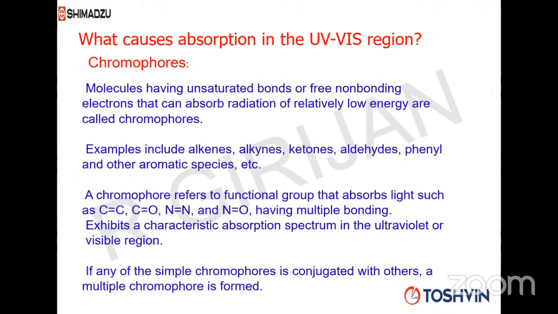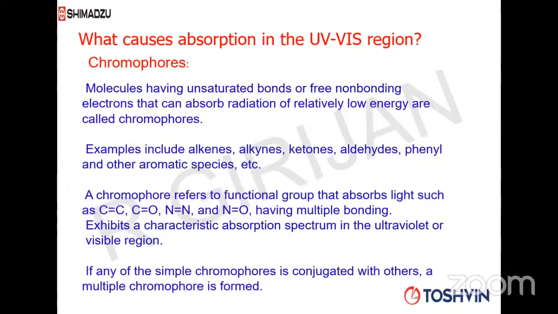The basic requirement for a sample to absorb UV radiation is that the molecule has to contain at least one chromophore. If a chromophore is not there, then absorption will not take place. And what is a chromophore? Molecules having unsaturated bonds or free non-bonding electrons that can absorb radiation of relatively low energy are called chromophores.